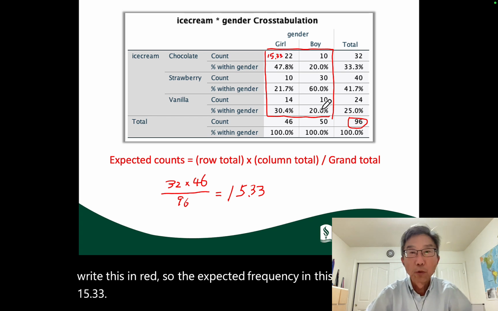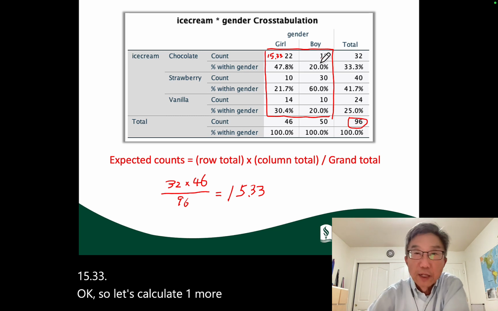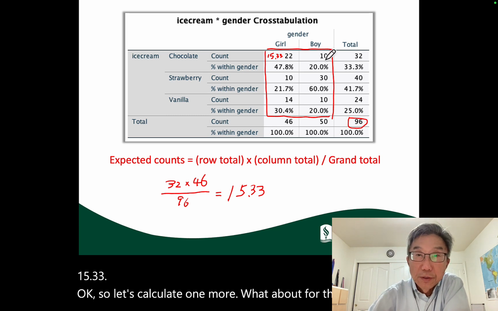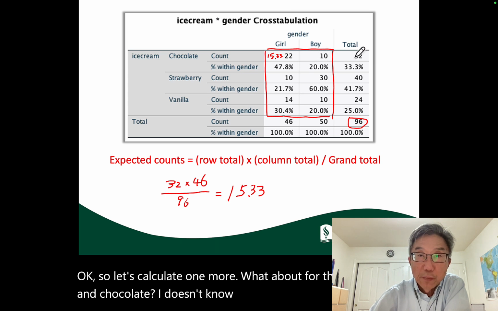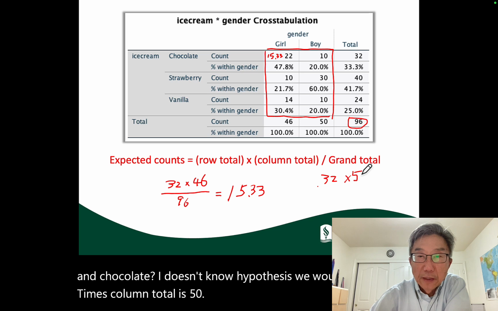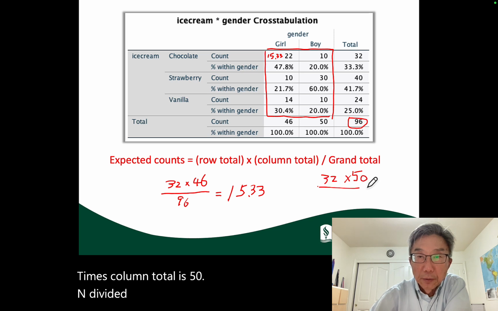Okay, so let's calculate one more. What about for this cell? For boys and chocolate. Under the null hypothesis, we would expect 32 times the column total, which is 50, divided by the grand total, which is 96.